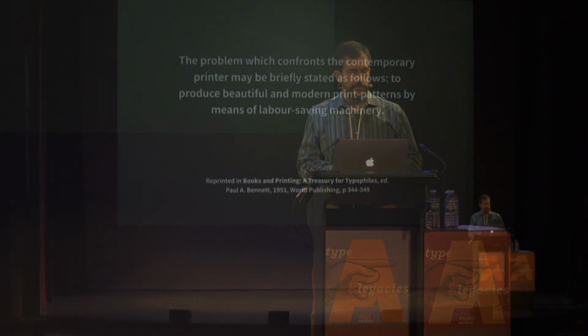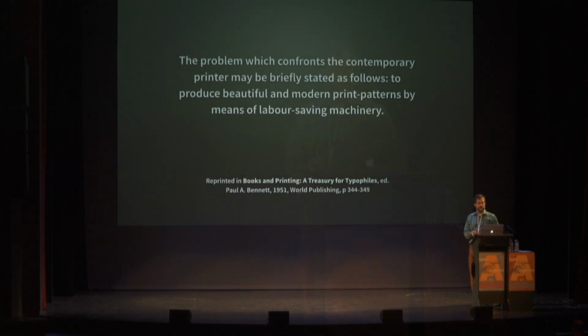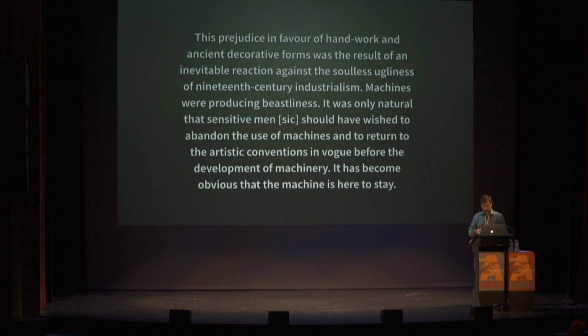Huxley continues, "The problem which confronts the contemporary printer may be briefly stated as follows. To produce beautiful and modern print patterns," that's sort of the way he talked about typography, "by means of labor-saving machinery." And so he's criticizing some of the conservative forces at the time: "This prejudice in favor of handwork and ancient decorative forms was the result of an inevitable reaction against the soulless ugliness of 19th century industrialism.